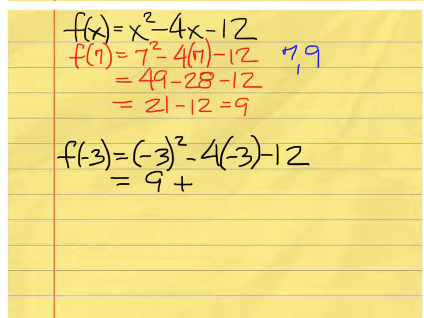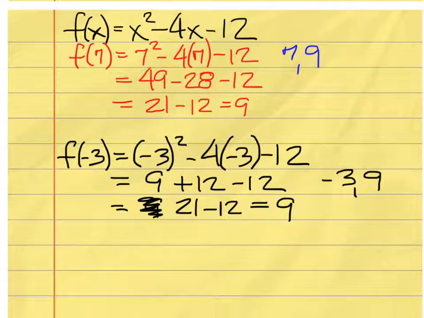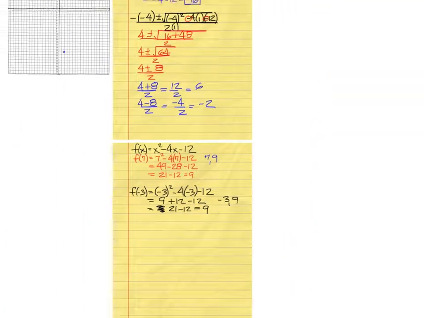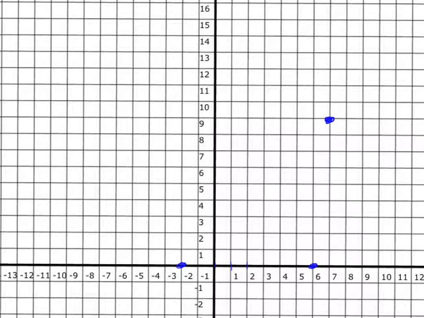That's 9 plus 12 minus 12, or actually 21 minus 12, which is 9. So we put in a negative 3 and got back 9. So we'll go over here and plot that. Negative 3 and then 9.